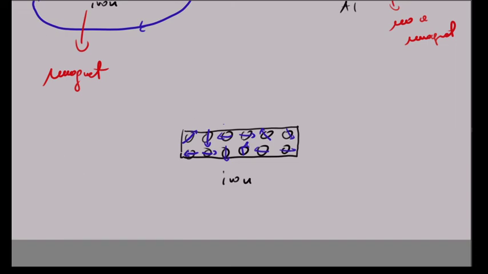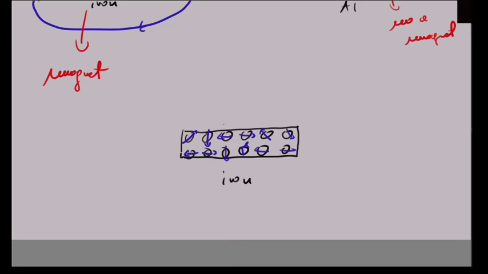So if you wanted to turn this piece of iron into a magnet, what you would want to do is rotate all of these individual magnetic fields so that they are all aligned. And how would you do that? Well, here's one way to do it.